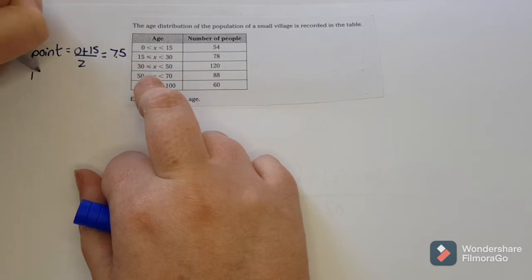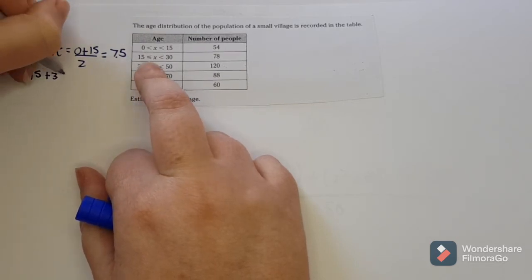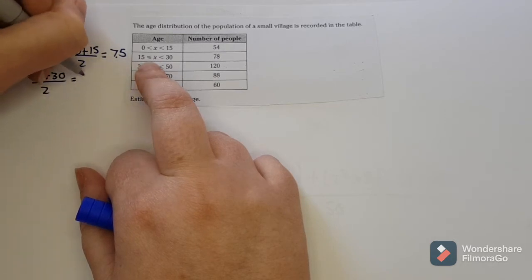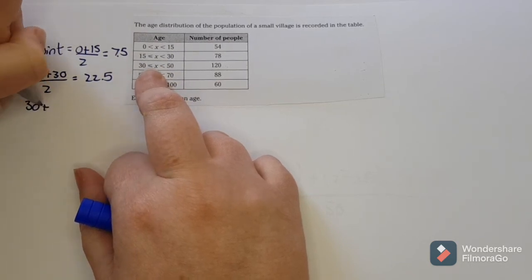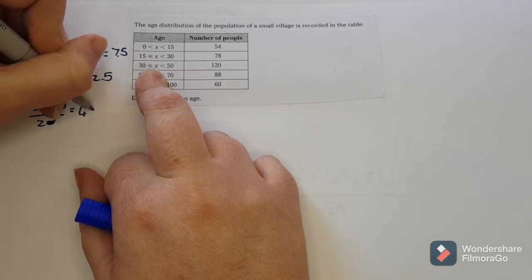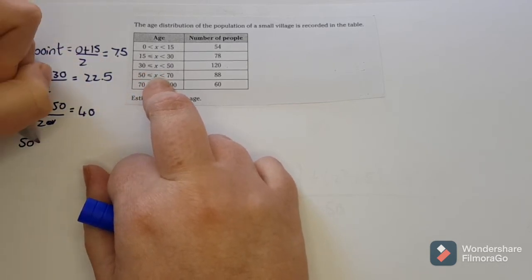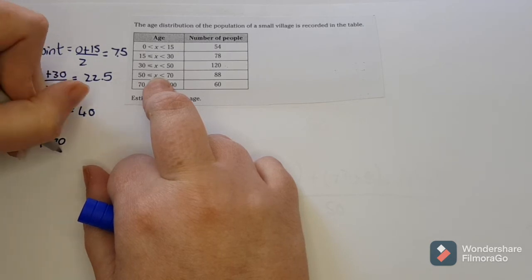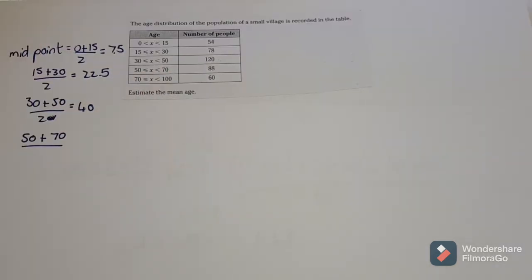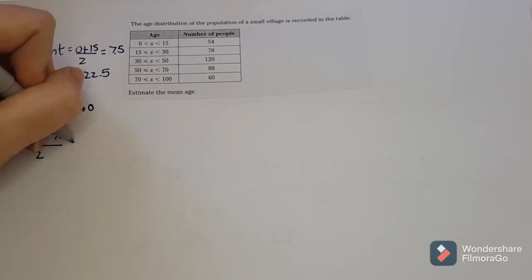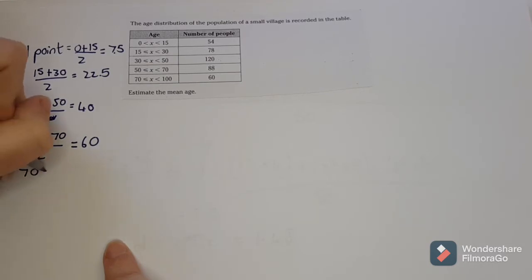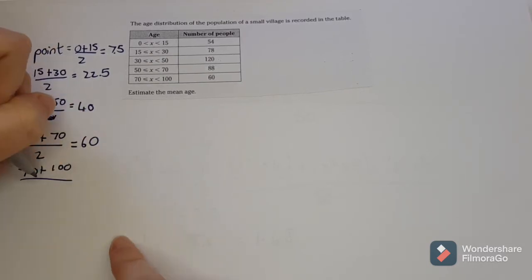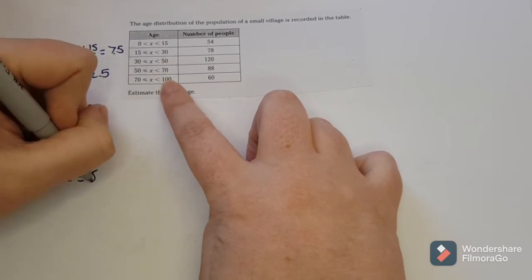Then for the next one, 15 plus 30 divided by 2 to get the next middle value. 30 plus 50 divided by 2 to give me the next one, then 50 plus 70 divided by 2, and that will give us our midpoint, and then our last one, 70 plus 100 divided by 2 to give us our last one.